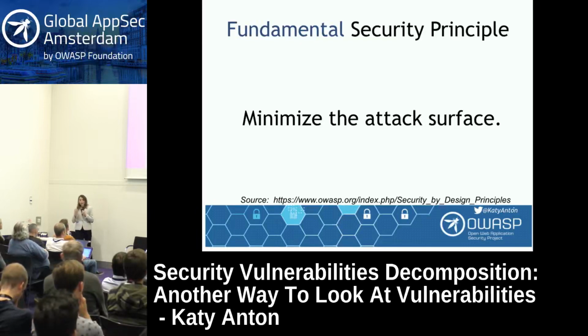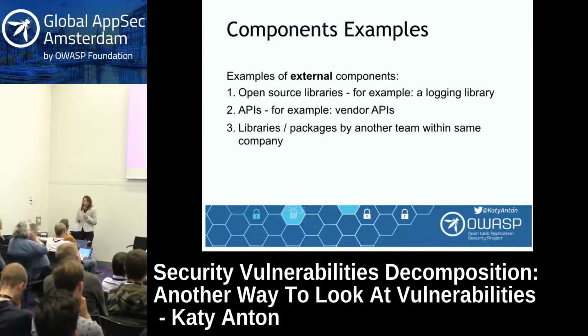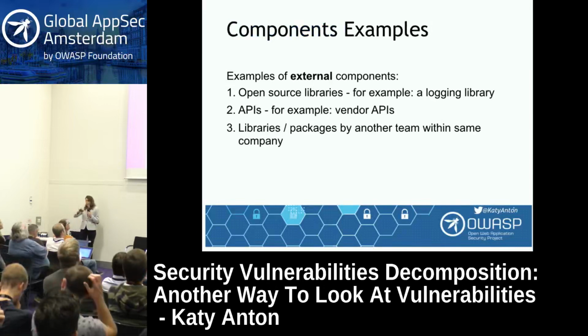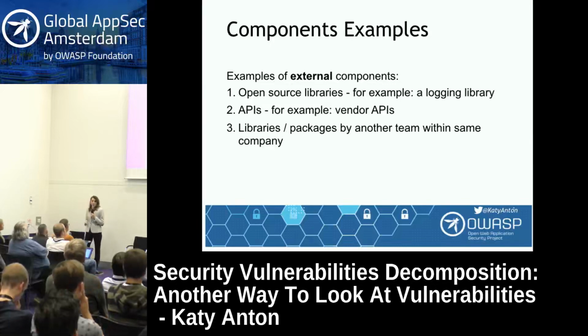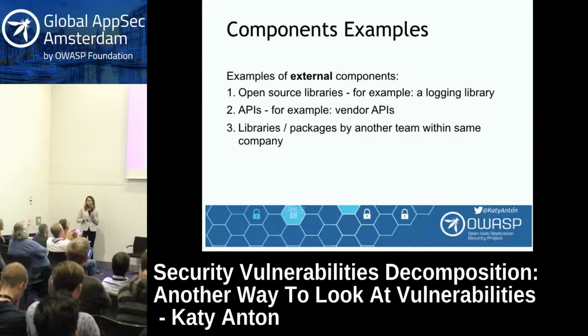We all should aim to do this as well when bringing in external libraries. So I'm going to take 3 examples of these 3 components. One of them is an open source library, like a logging library, which is something a developer would almost every time bring in. Another example is a vendor API.